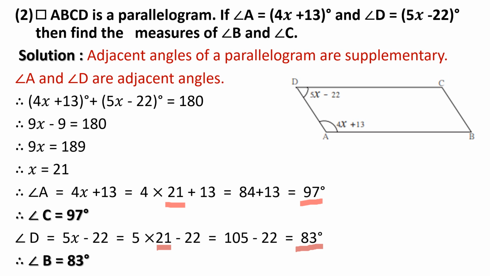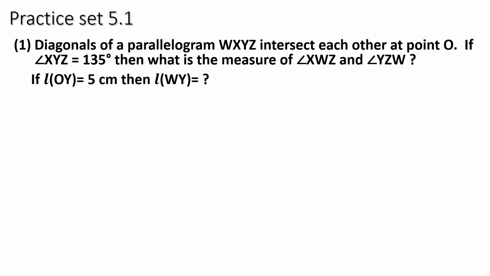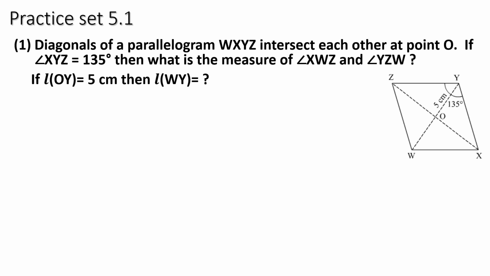So, angle A is 97, angle C is also 97, angle D is 83 degrees and angle B is also 83 degrees. Let us start with practice set 5.1. First question.